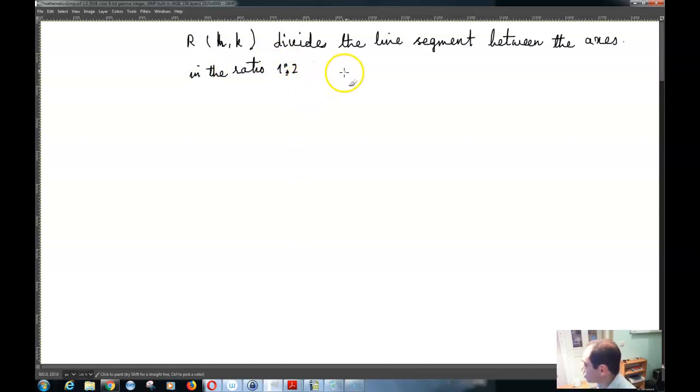In the ratio 1 to 2, you want to find the equation of the line.